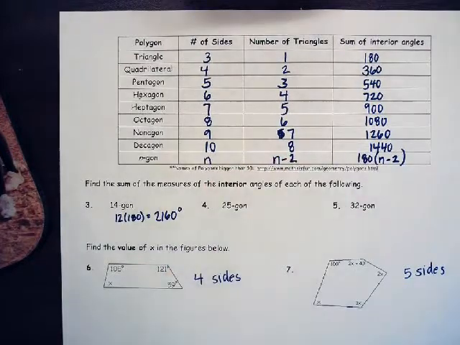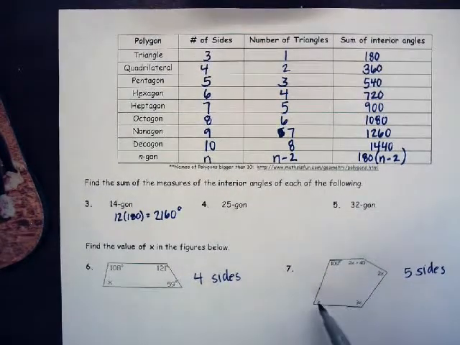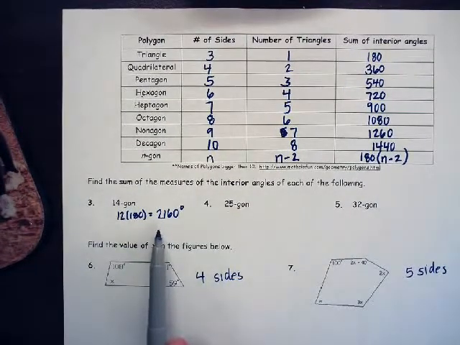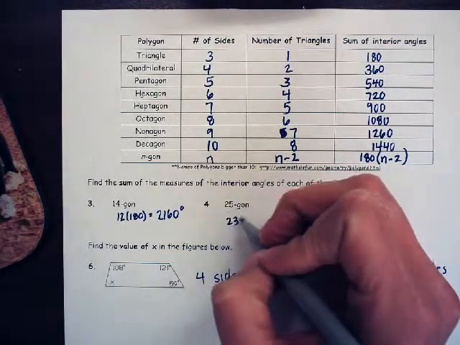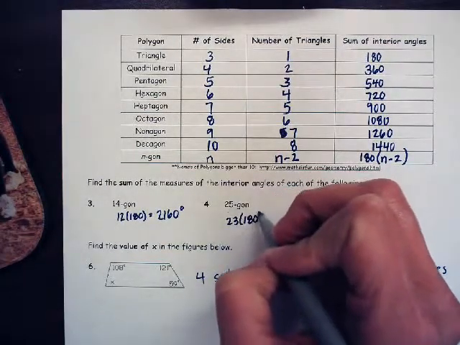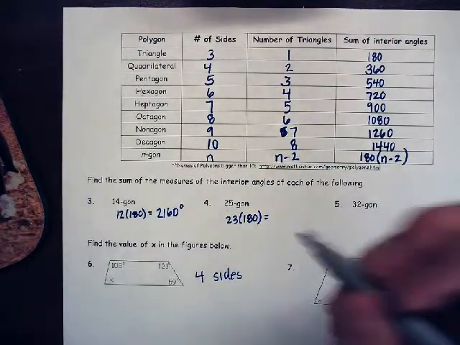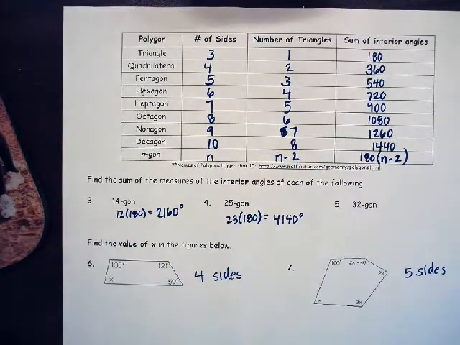That means if I have a 14-sided figure and I added all the angle measures up all the way around 14 times, they have to add up to 2160. If I have a 25-gon, I'm going to take 23 times 180. And I get 4140. All right, try the next one on your own.